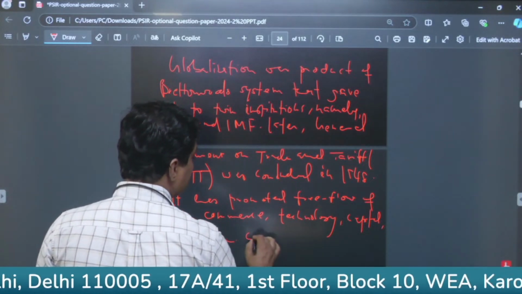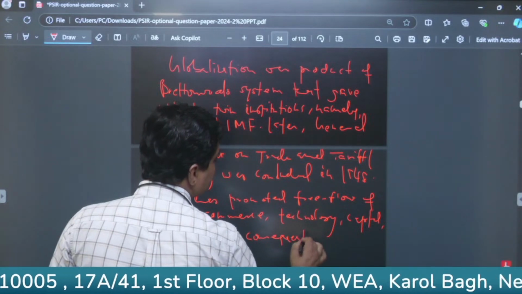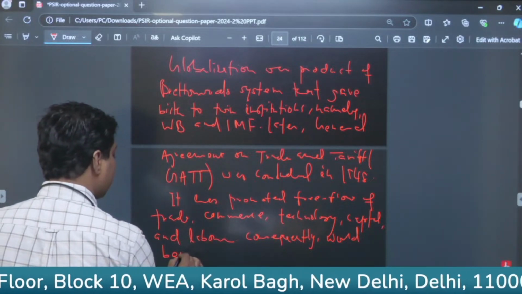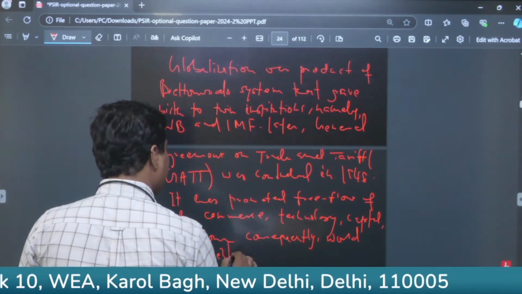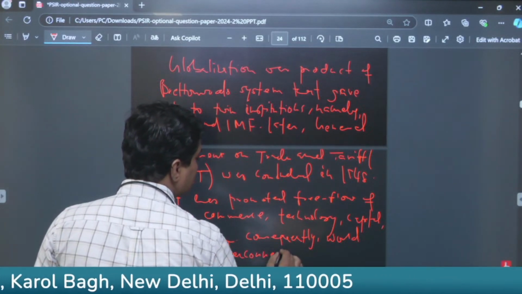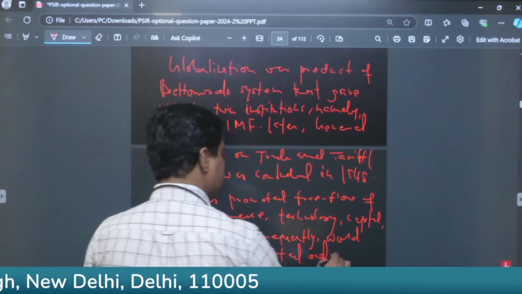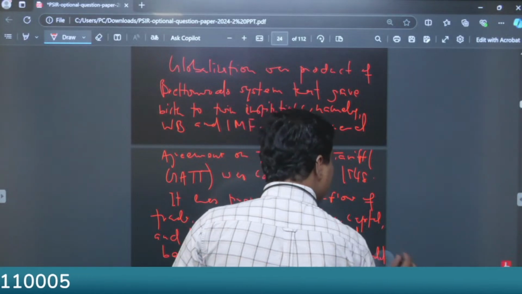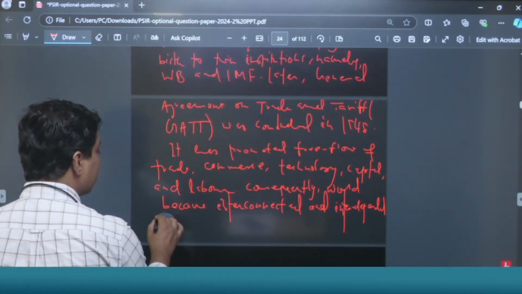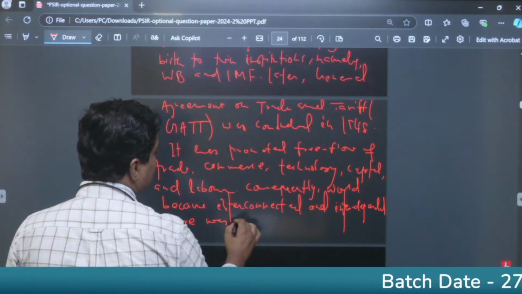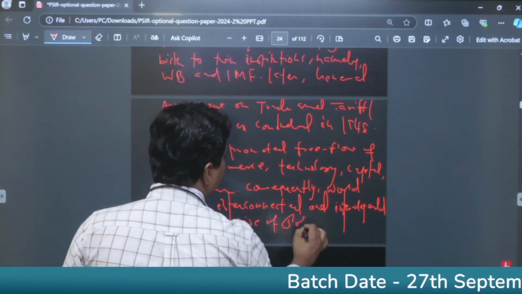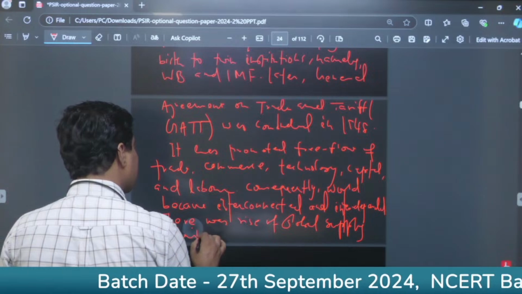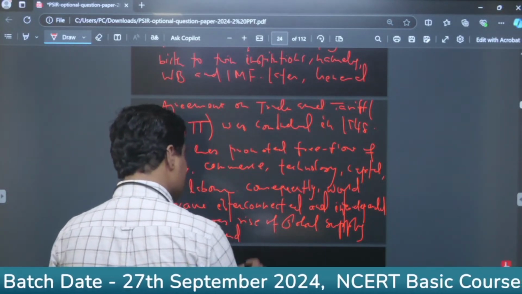Consequently, the world became interconnected and interdependent. There was a rise of the global supply chain and the global village emerged.